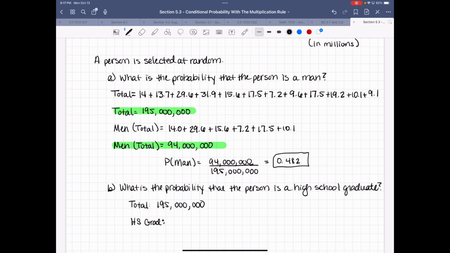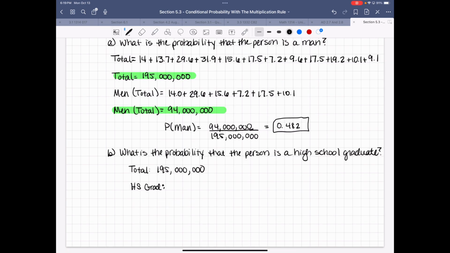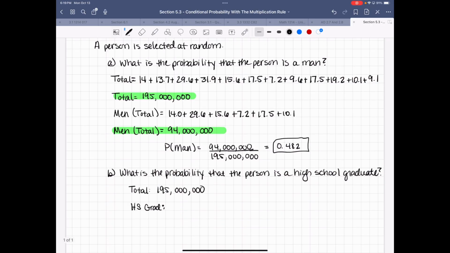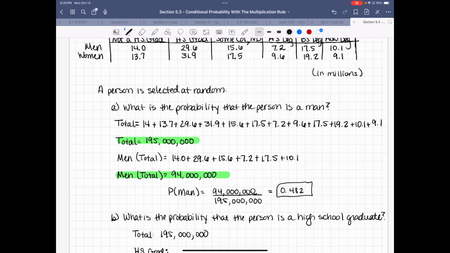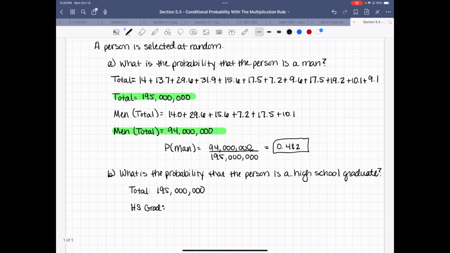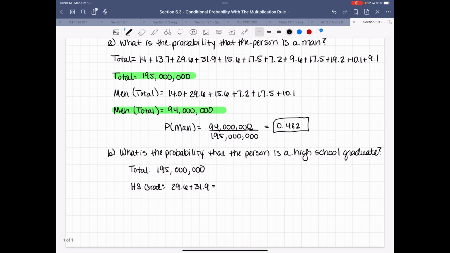So we go back up to our chart. The number of people that are a high school graduate, we need that. So we're just adding up 29.6 plus 31.9, which is going to equal 61.5.